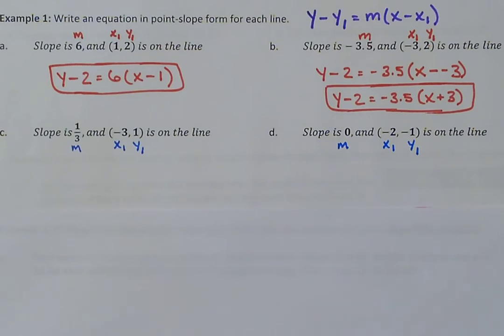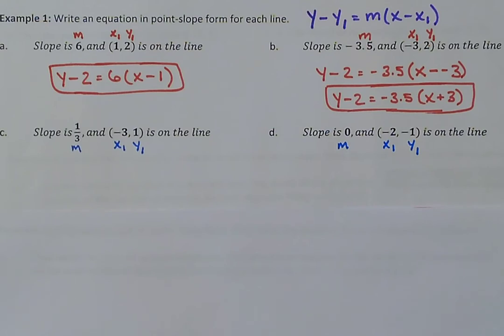I will leave parts C and D for you to do on your own if you'd like a little bit of practice. If you have any questions, you can always take a look at my completed notes or just let me know, and I'll be more than happy to answer or guide you through those parts. Take a look at the completed notes to see if you have it correct.